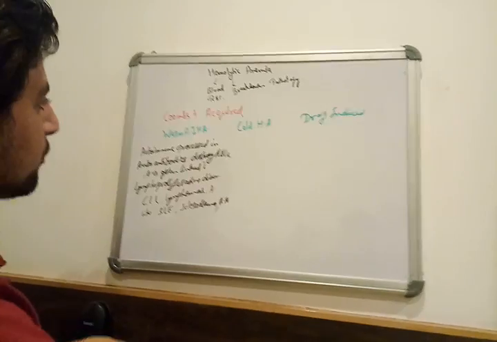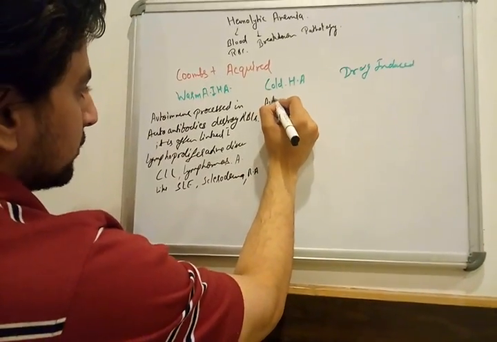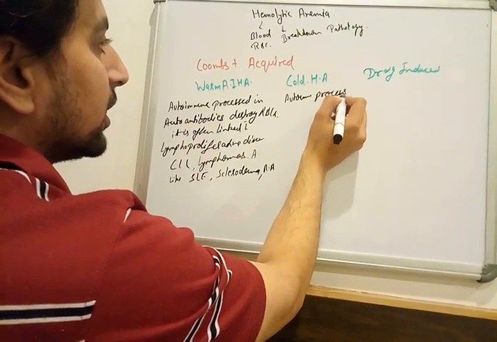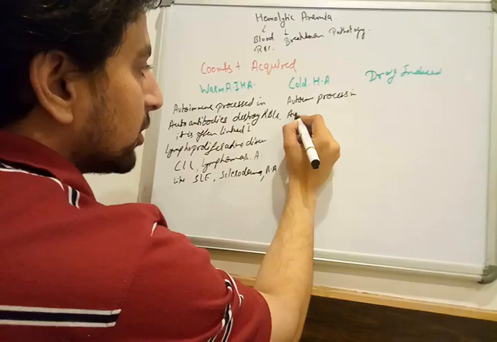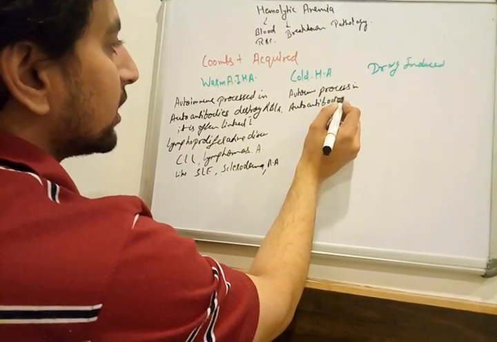And in case of cold, what happens? Here also it is autoimmune, the same process in which autoantibodies destroy RBCs, till here it's similar.